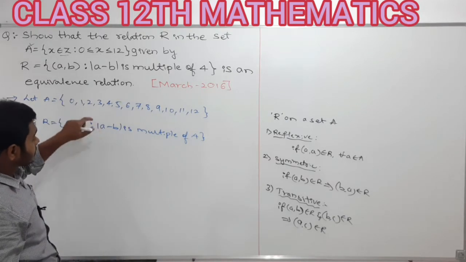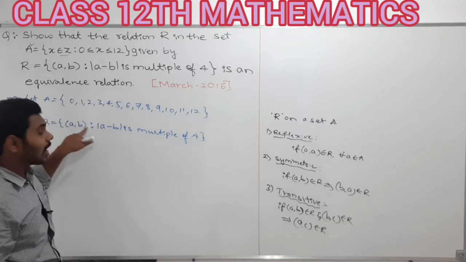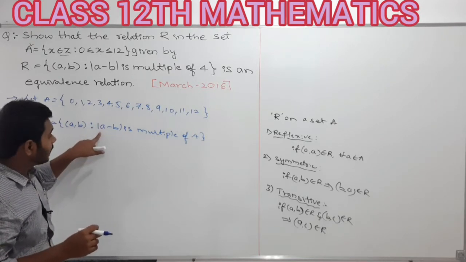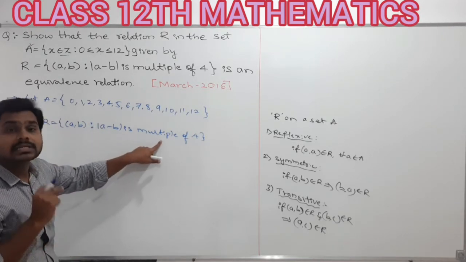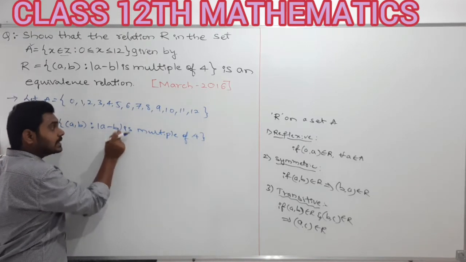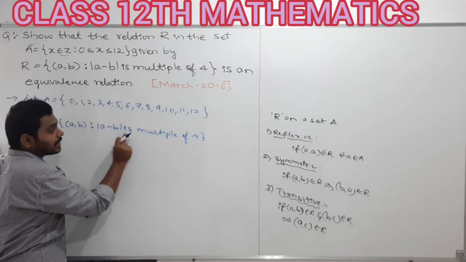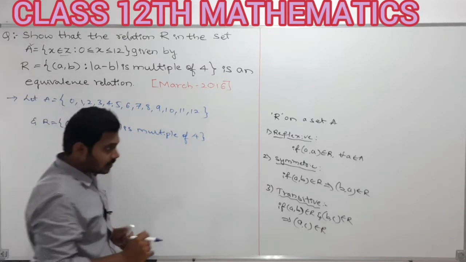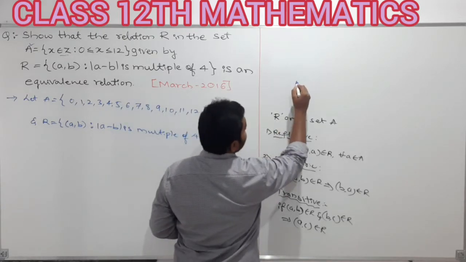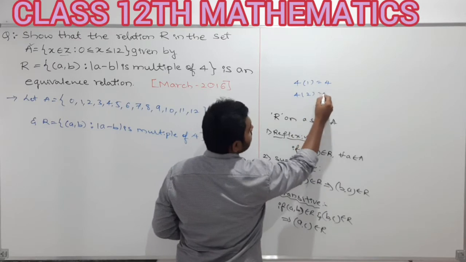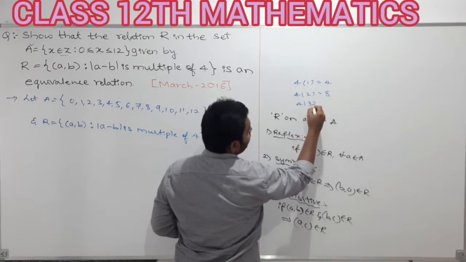So what should the ordered pairs in the relation R be? In this relation R, the ordered pairs satisfy this condition. What is the condition? If you take the difference of those ordered pairs inside the modulus, it is a multiple of 4. Then what is a multiple of 4? Multiplying 4 into 1 is equal to 4, 4 into 2 is equal to 8, 4 into 3 is equal to 12.